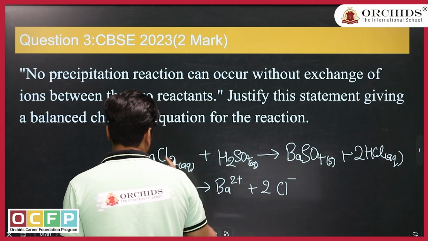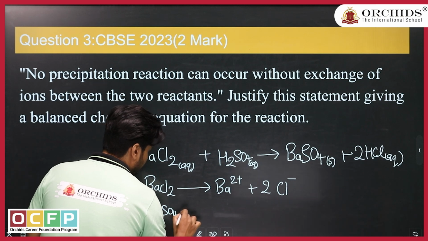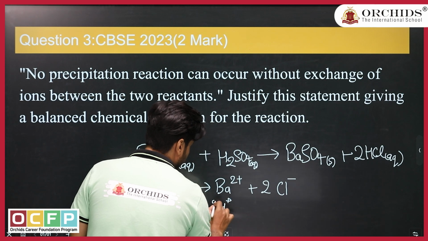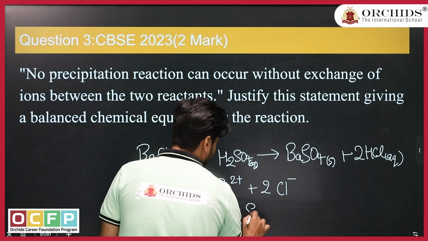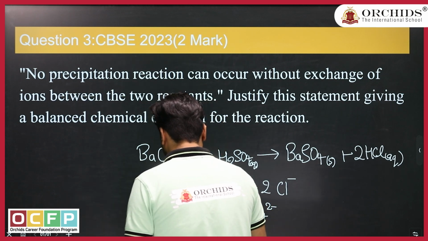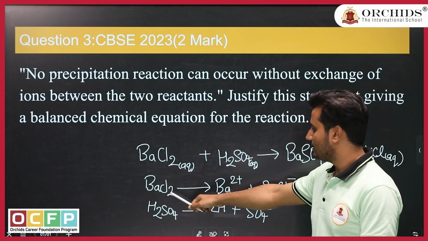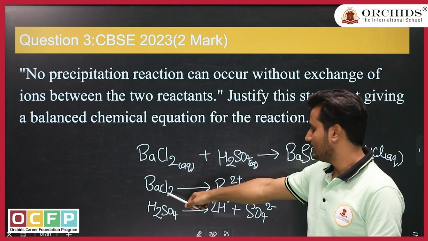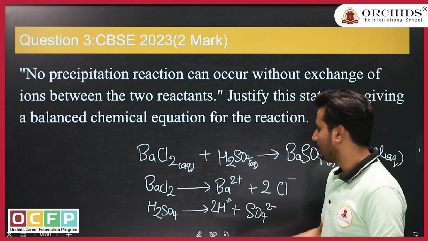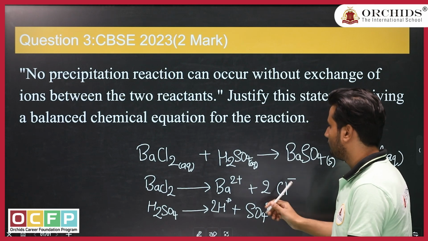And H2SO4 is going to dissociate in its ionic form, 2H+ plus SO4 2-. So when we mix barium chloride and H2SO4, first what happens? Ionization of BaCl2: BaCl2 dissociates as Ba2+ and Cl-, and H2SO4 dissociates as 2H+ and SO4 2-.